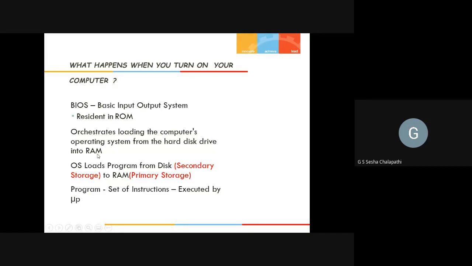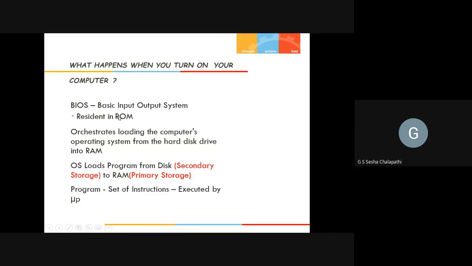Sometimes the BIOS will also coordinate configuring or checking whether all the input output devices are connected to the computer or not. And the OS will further load the program from the disk, that is your secondary storage, into the RAM, the primary storage.